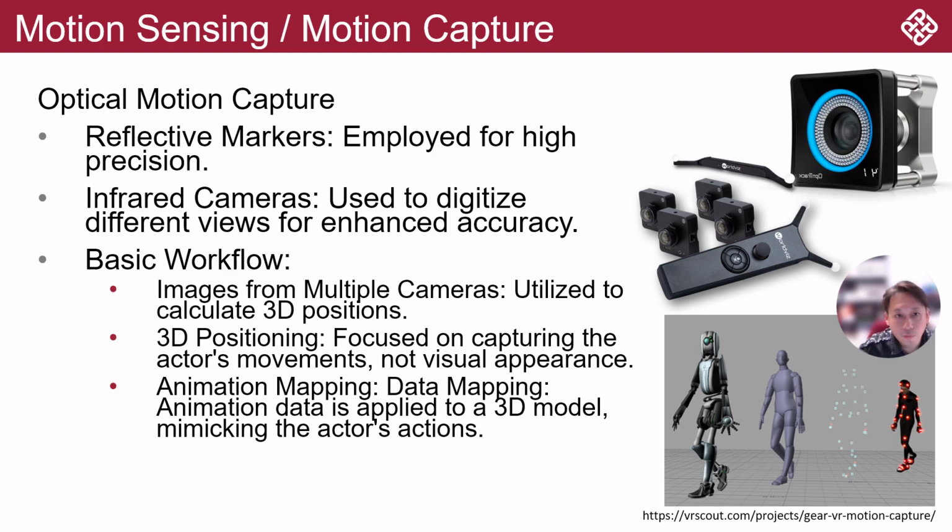Compared with the electromagnetic field, we have another method to capture motion. It's called optical. The previous one is electromagnetic, now is optical. For optical motion sensing, they use infrared cameras to sense your body.